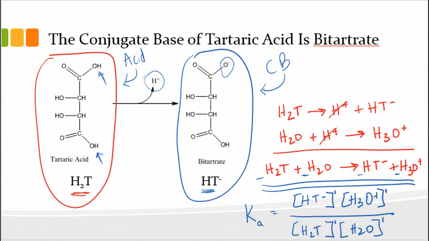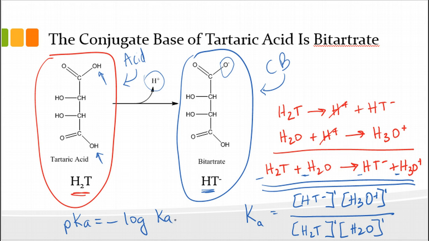But that's our equation. And remember, the Ka for tartaric acid is fairly small, so we take the log of that, and we define pKa as minus the log of Ka.